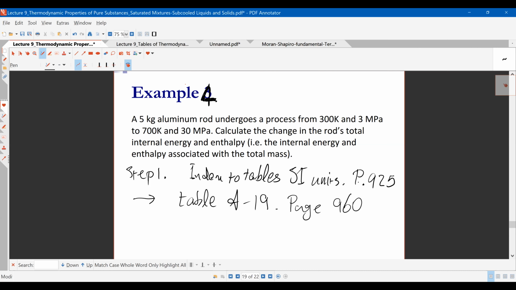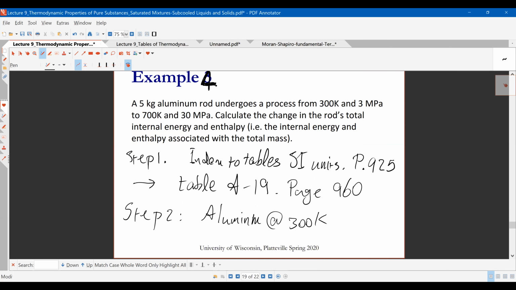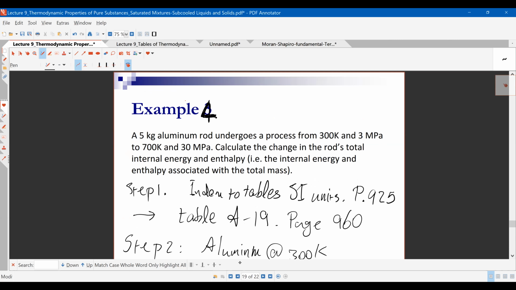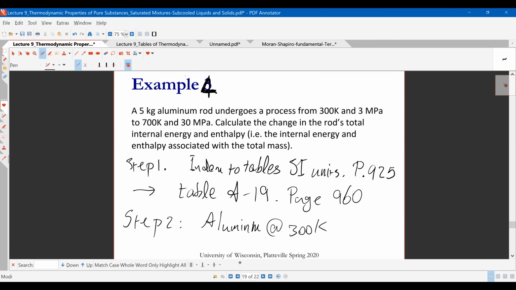Now, from page 960, step 2, I read these properties. Aluminum at 300 Kelvin, the properties that I've found were, my apologies, let's go to the previous page. Okay, here we go.